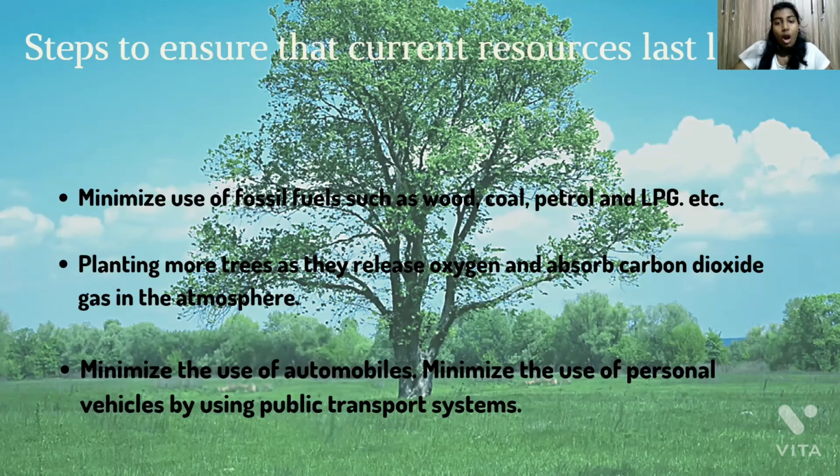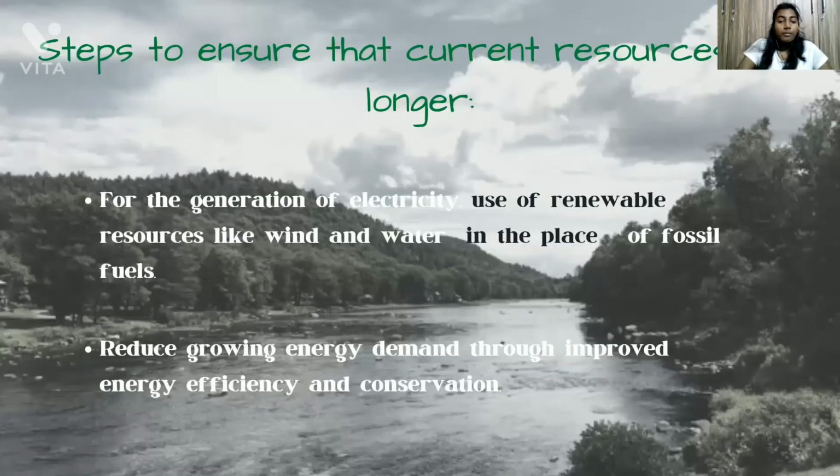Judicious use of energy sources; planting more trees, as they release oxygen and absorb carbon dioxide gas in the atmosphere; minimizing the use of automobiles, minimizing the use of personal vehicles by using public transport systems. For the generation of electricity, usage of renewable resources like wind and water in place of fossil fuels would be a much bigger step.